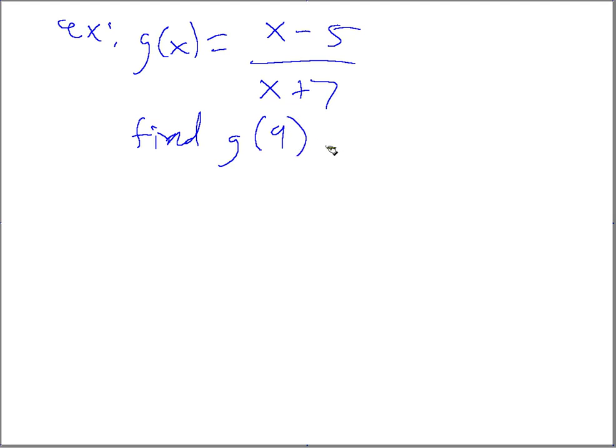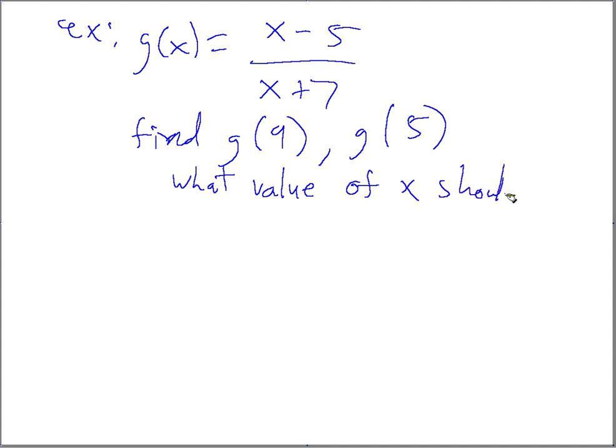Let's find g of 5 as well. Okay, find these two function values, and also answer the question from earlier: what value of x should be excluded from the domain?